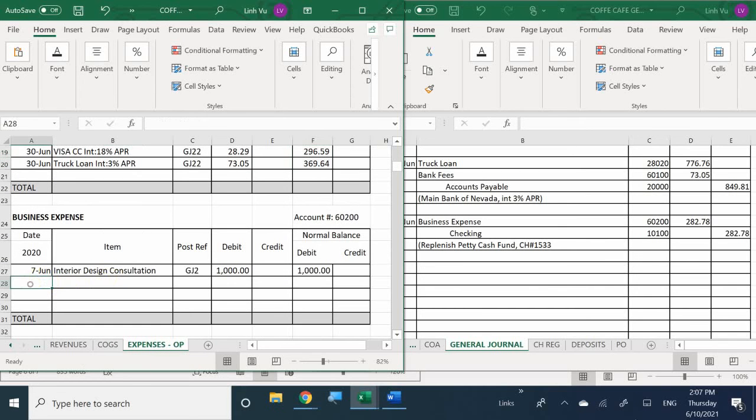Here we are, business expense. What should your description be? I just put the check number and replenish petty cash.